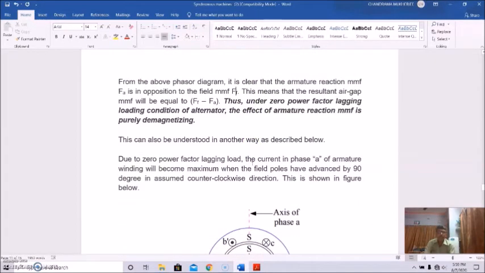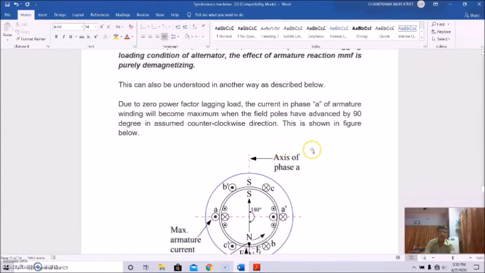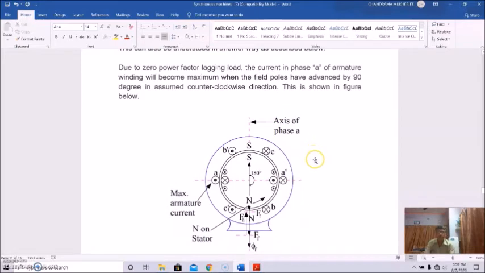This can be understood in another way, which is also described here. Due to zero power factor lagging load, the current in phase A winding will become the maximum armature current when the field poles have advanced by 90 degrees.